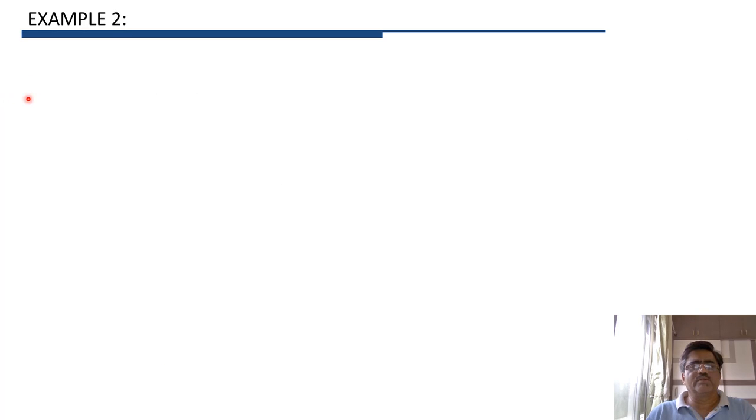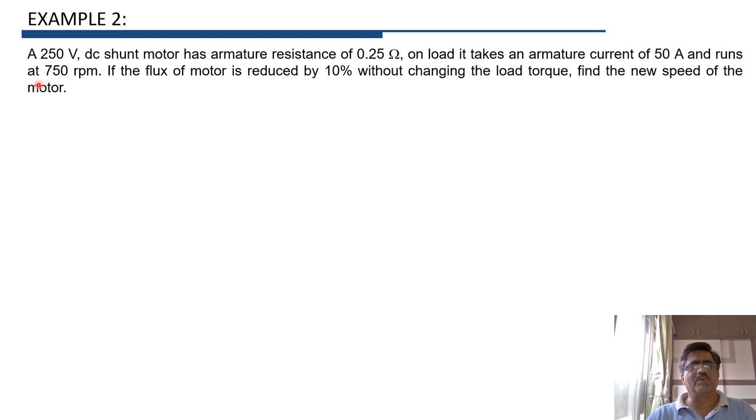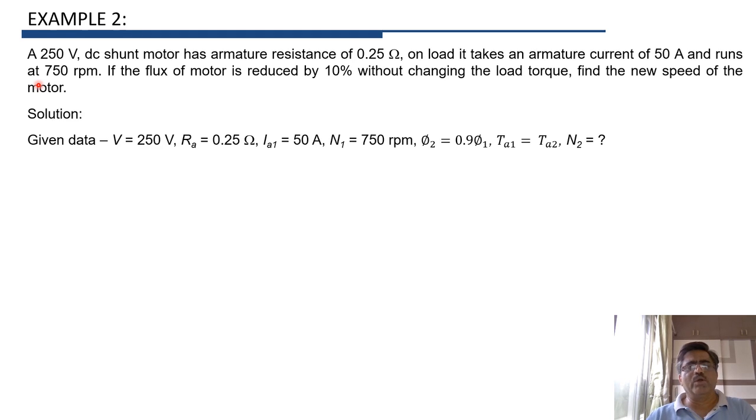Let us solve second numerical problem. A 250 volt DC shunt motor means supply voltage V is equal to 250 volt. Shunt motor means armature and field are connected in parallel. Has armature resistance of 0.25 ohm means Ra is equal to 0.25 ohm.